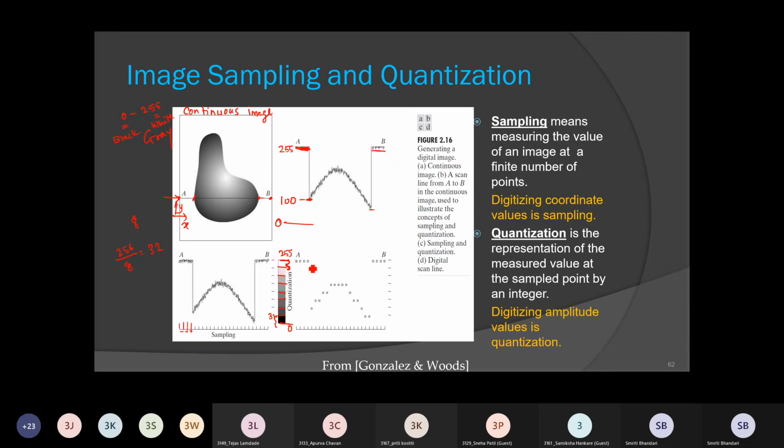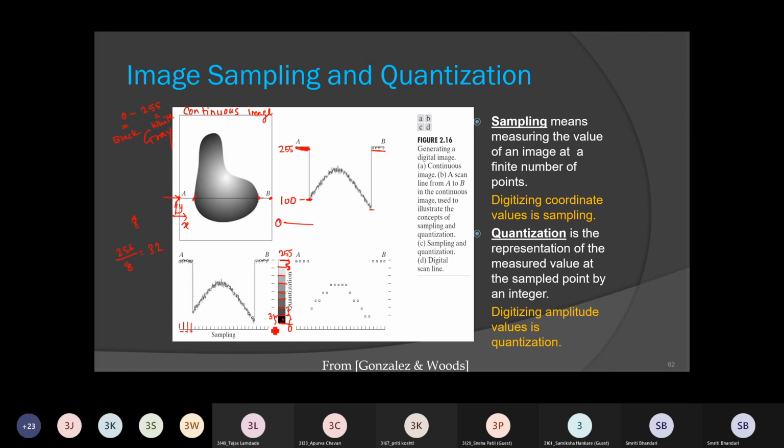If my intensity value lies in this range, then I am going to assign only one output value to it, and likewise for every other range.